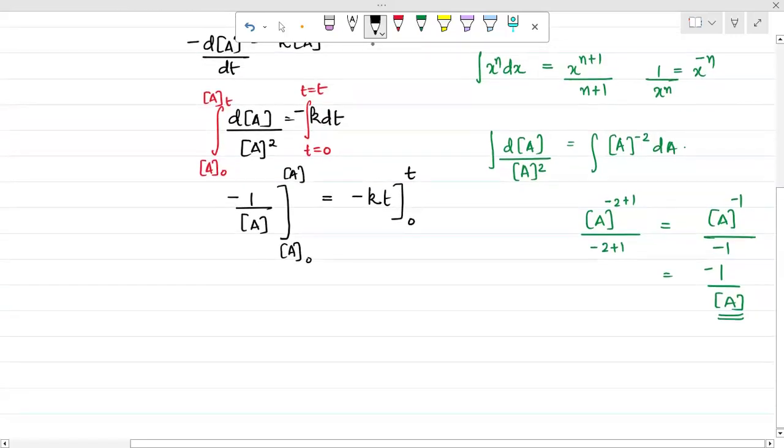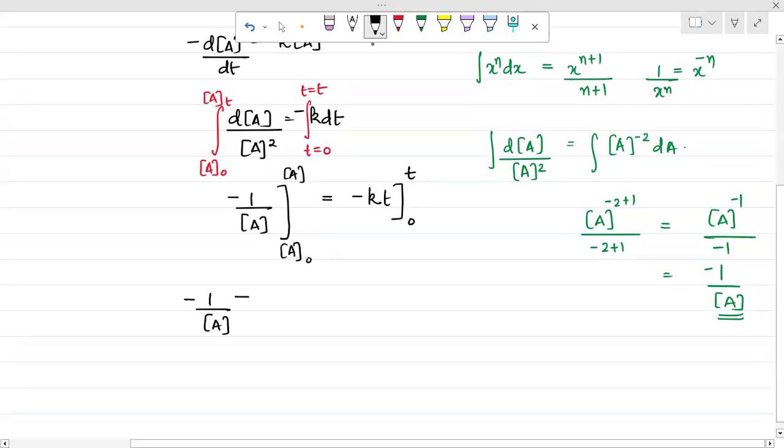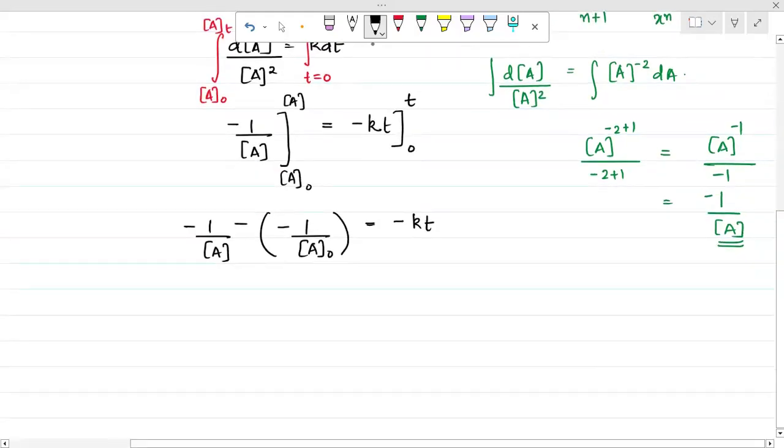So let's put the limits. Upper limit minus 1 by A, minus lower limit minus 1 by A naught, is equal to minus Kt minus 0, which is Kt. Minus into minus is plus. So this becomes 1 by A naught minus 1 by A is equal to minus Kt.